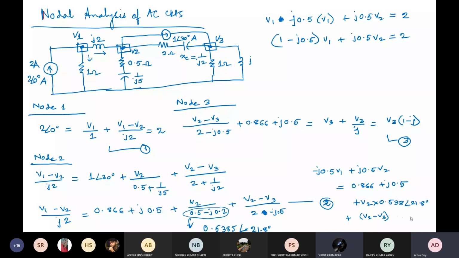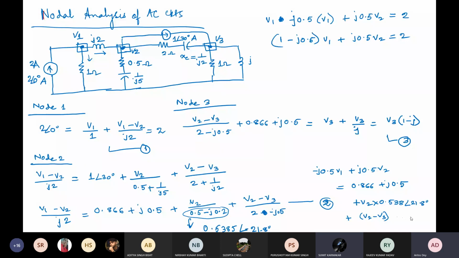So you will get a matrix of complex quantities, and then you can solve it the way we solve using matrix analysis, or do it manually. This is a complicated one, but in your exam this much complication will definitely not come. A little lesser calculation, maybe two nodes, which you can solve in one step. This is how you should solve it.